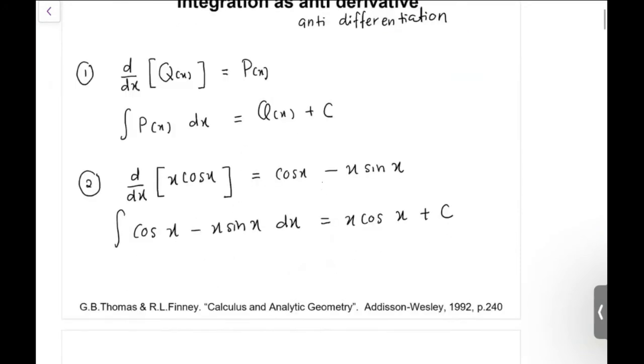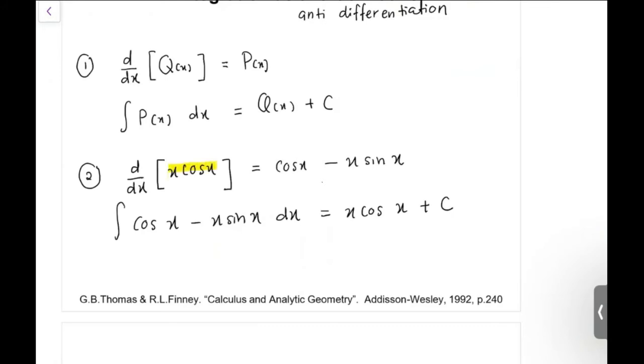So whenever you differentiate the question and then you get an equation for the answer, once we integrate back the answer, we will get the original question as our final integral equation.